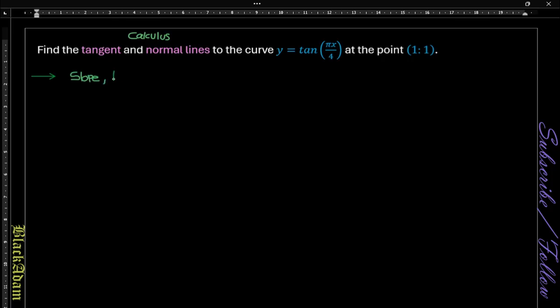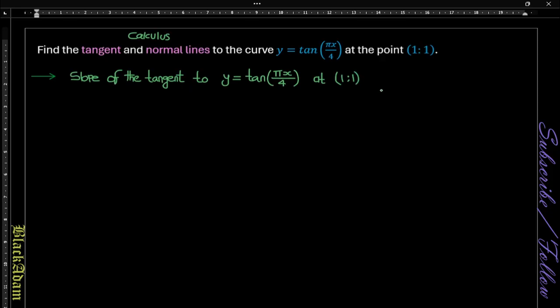So, okay, to find the tangent and normal to the curve y equals tan(pi x over 4), the slope of the tangent to y equals tan(pi x over 4) is what we are after.